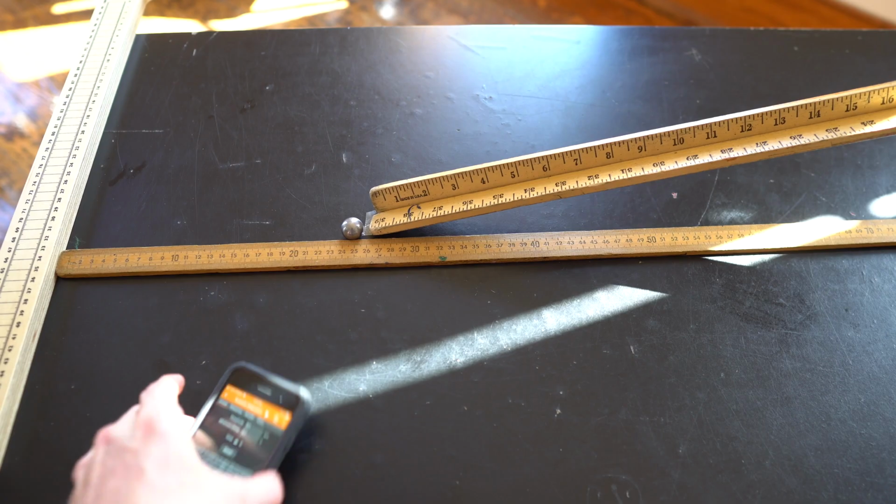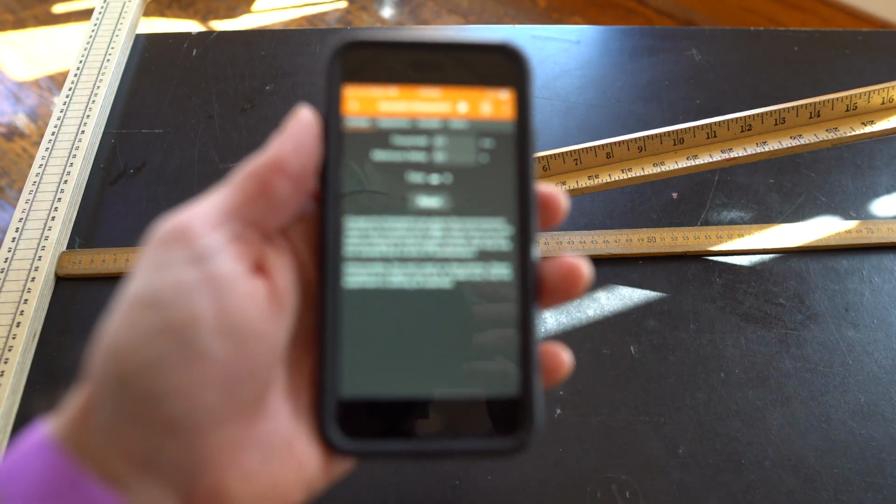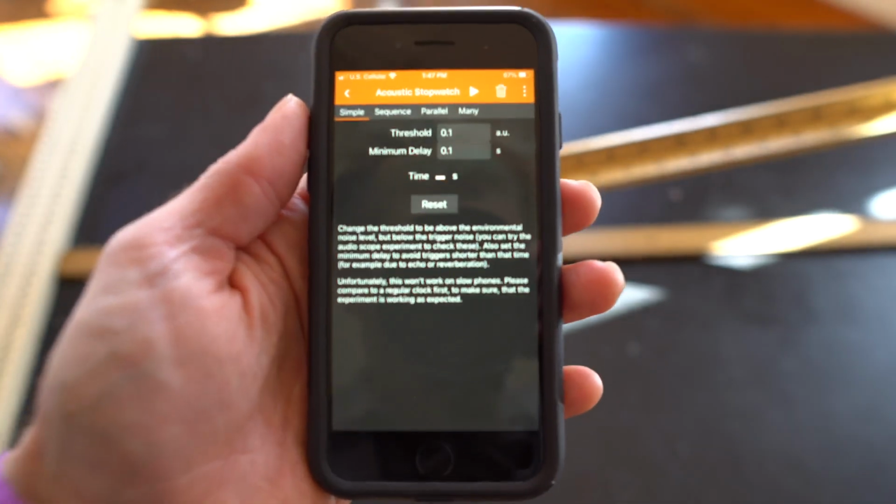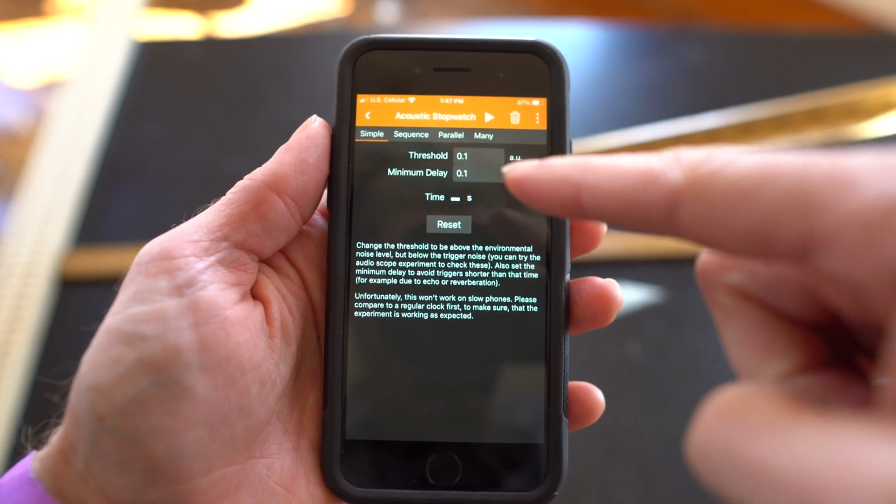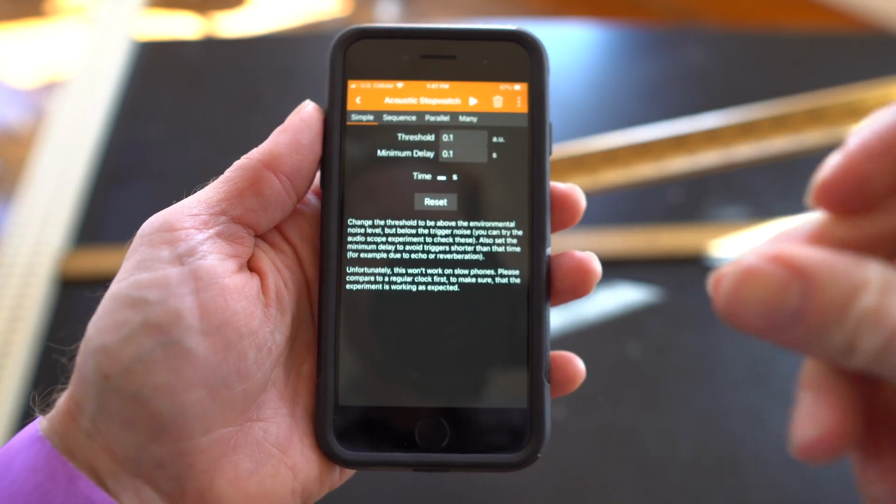Okay, so I have my app here, and this is going to tell me my time interval on 2 acoustic events.